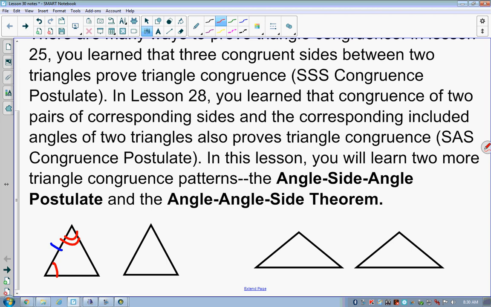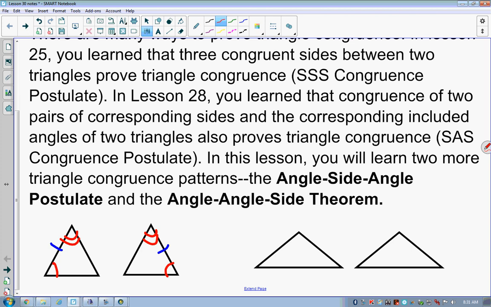Okay, great. The orientation of the second one doesn't matter. It doesn't have to be the exact same orientation as the first. For instance, it could be here, here, and here. All that matters is that I've got an angle corresponding to an angle, a side which is included, and then another angle. So do we understand this?